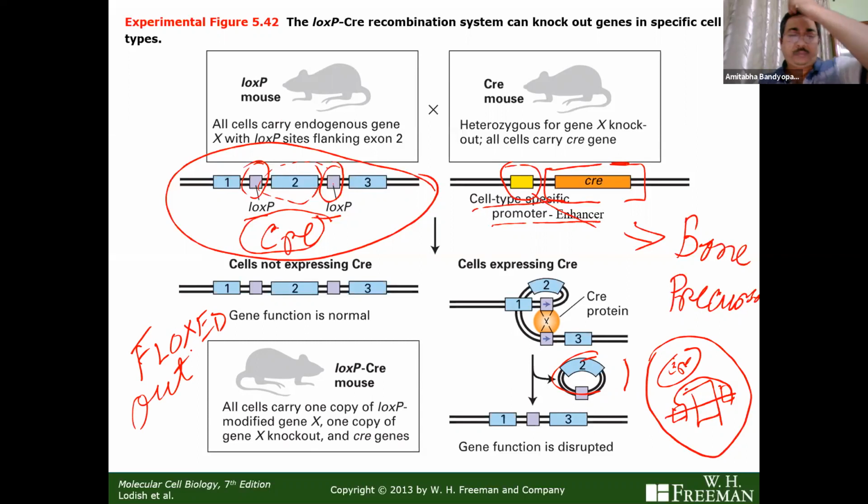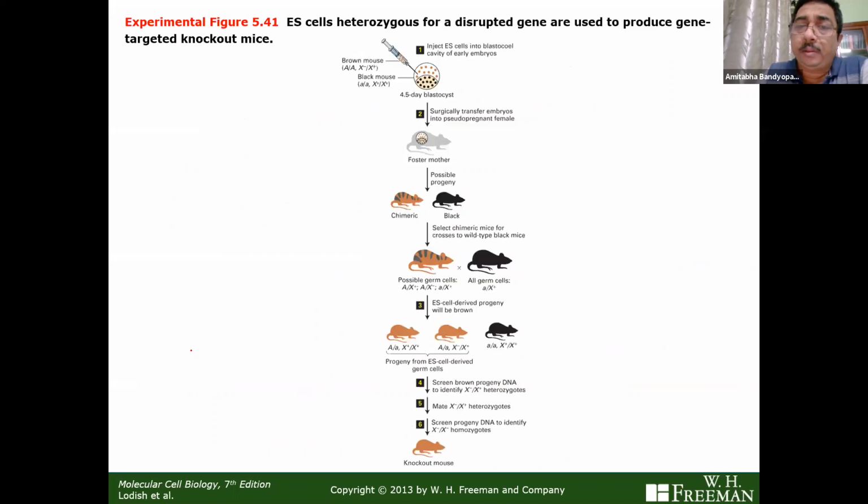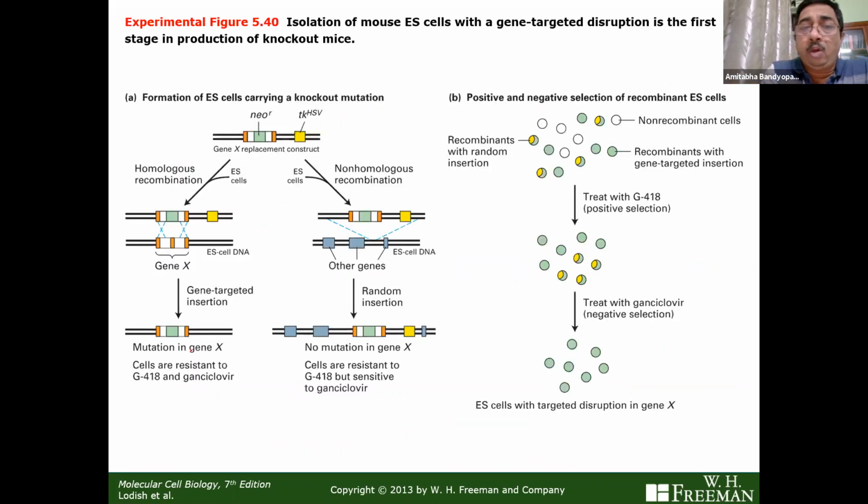Now how you deliver the Cre can vary. It can be obtained through, just like in the previous example, where you inserted a neomycin cassette.